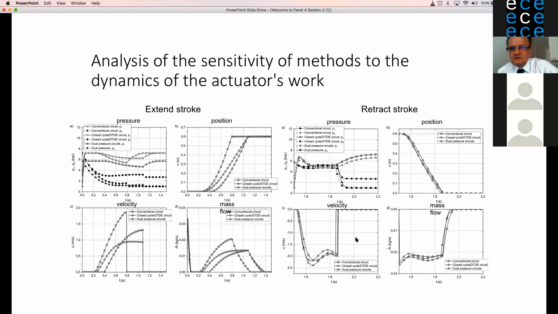So what I would like to show is that we validate our model with the real work of one pneumatic cylinder, in order to observe the dynamics. If we introduce the back pressure to one cylinder, we observe what will happen.